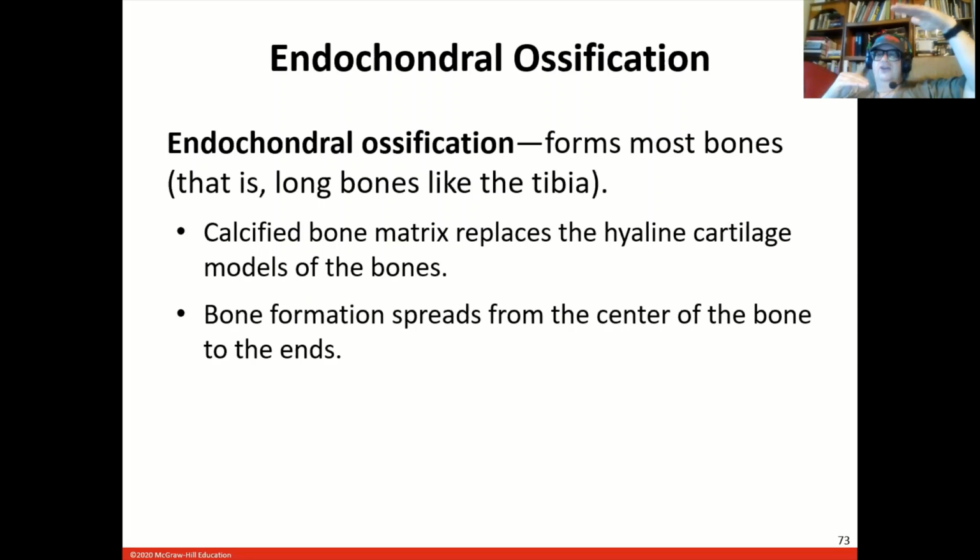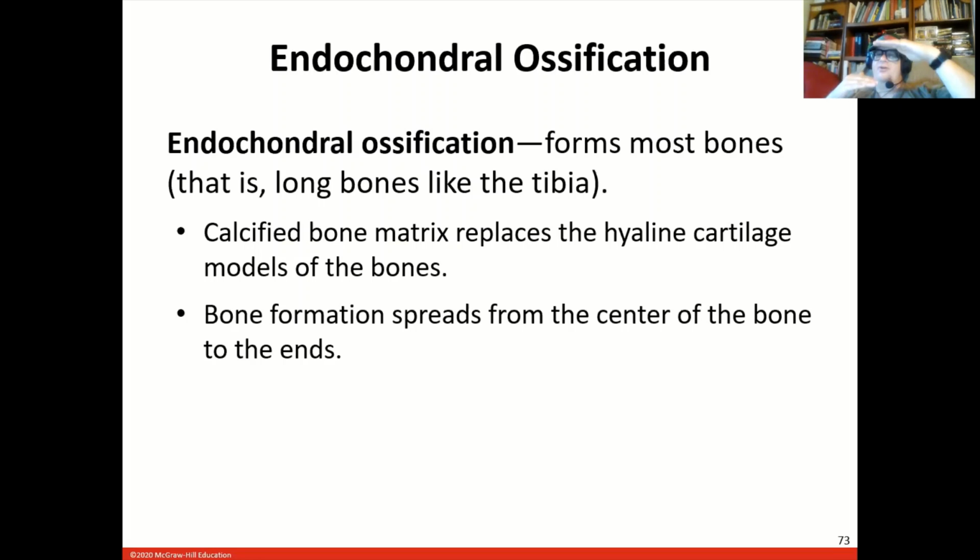And then, at the same time, you have the replacement of that cartilage with bone. So we have the cartilage growth plate growing the bone longer and growing the future bone longer. And then we have replacing that cartilage with bone tissue. There's a race between the two processes.